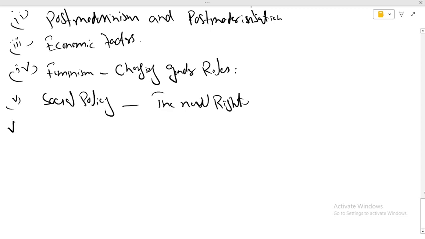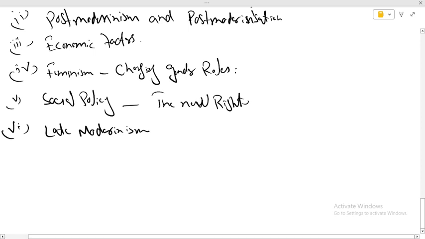Then the sixth one is late modernism. Late modernism argued against postmodernism. The increase in family diversity is not simply a matter of individuals having more freedom of choice and choosing to live alone or become a single parent. People are forced into these options because of structural changes that make life more uncertain.